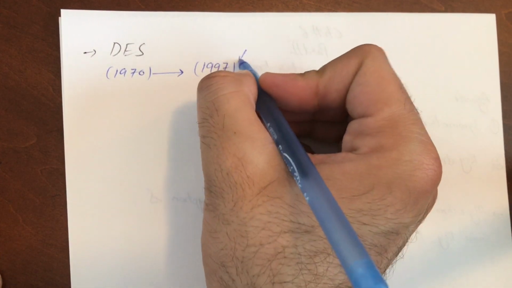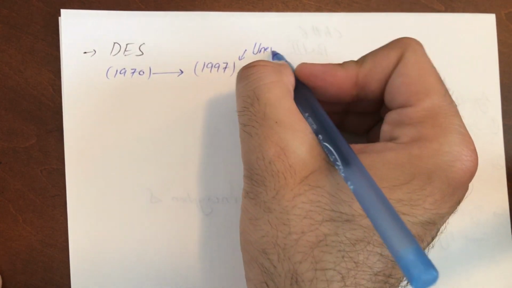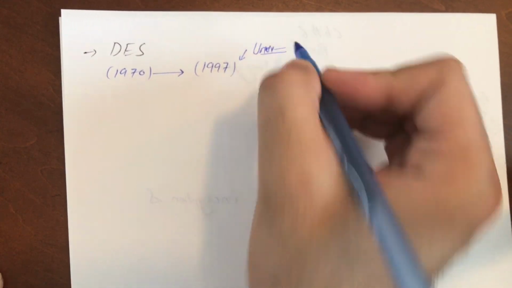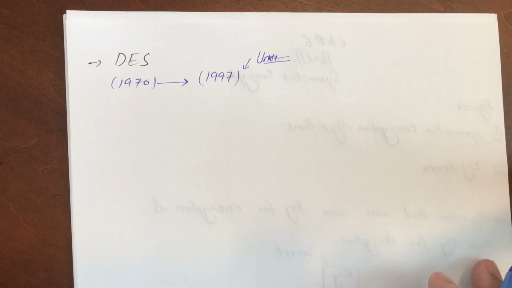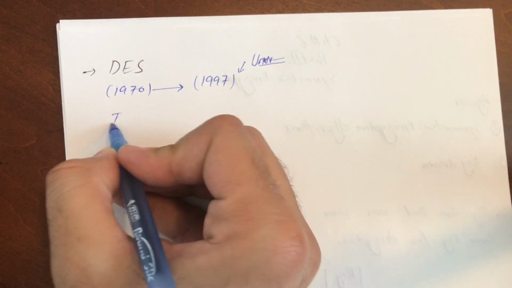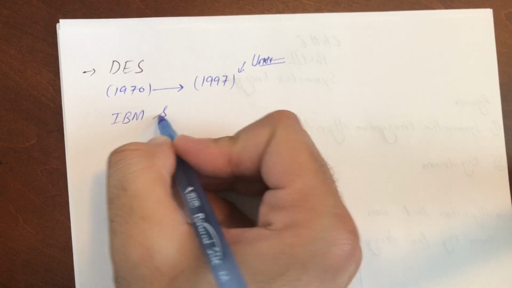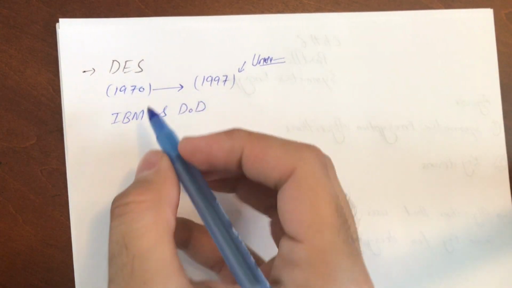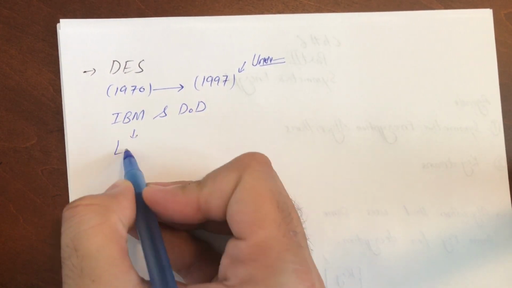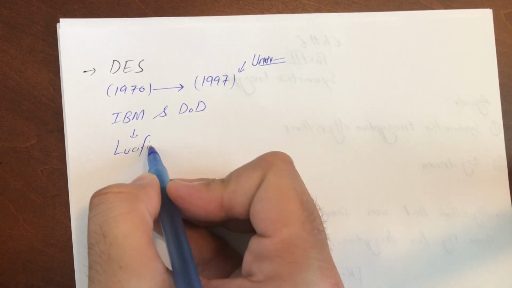In 1997, the Department of Defense unveiled this particular algorithm. DES was a joint venture of IBM and the Department of Defense, and DES is basically a simplified form of IBM's renowned algorithm Lucifer.